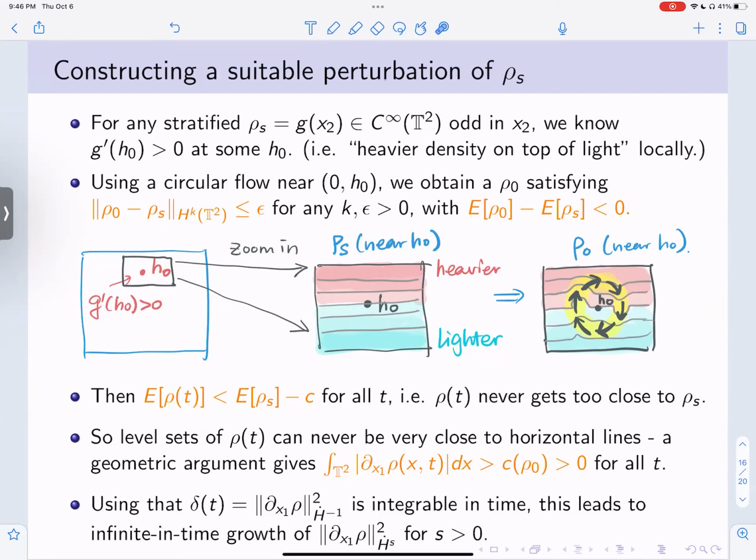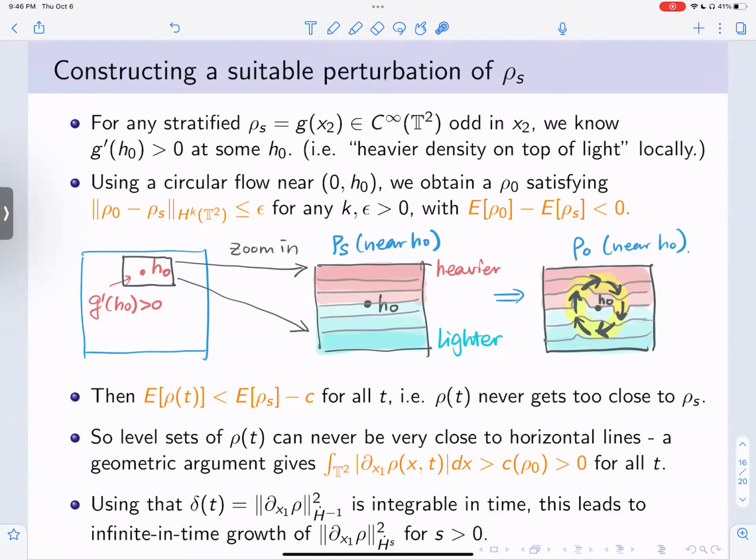So in other words, at any future time, there will always be a gap between these two potential energies. Right. So why do we need to use that? Well, once we know that the potential energy will always have a gap for all time, it means that the level sets of the density can never become too close to perfectly horizontal lines.